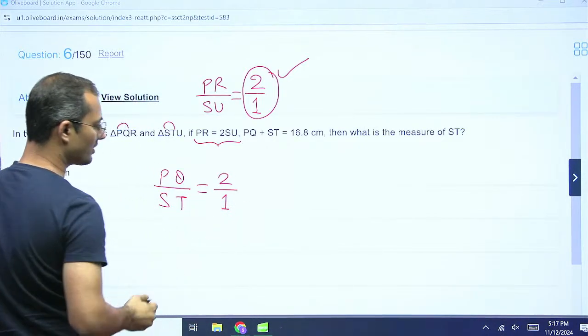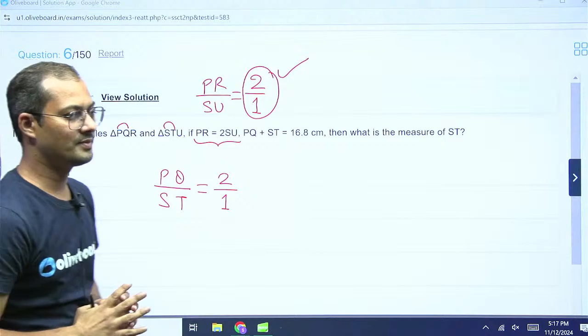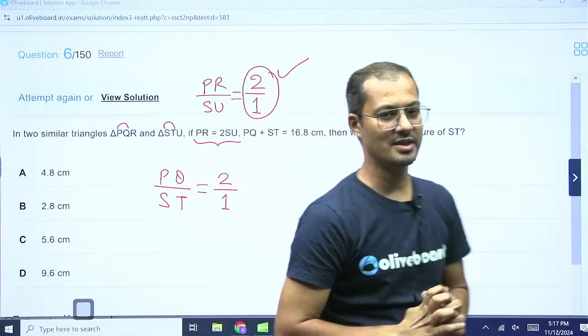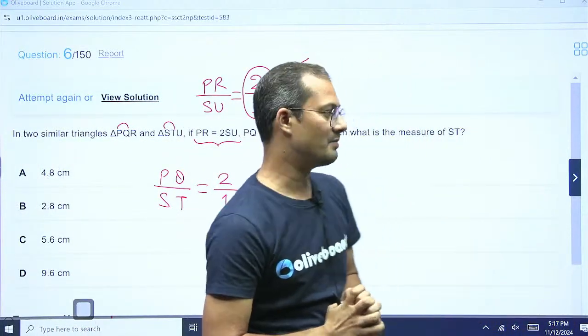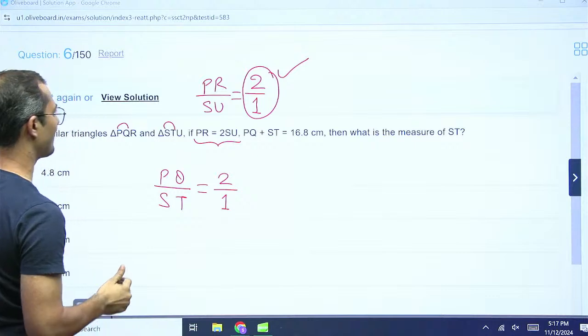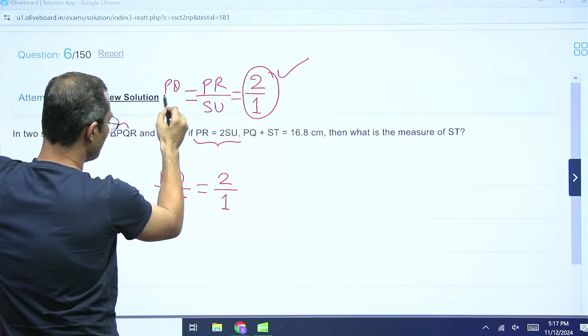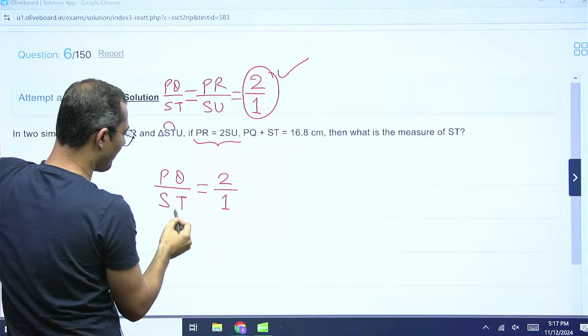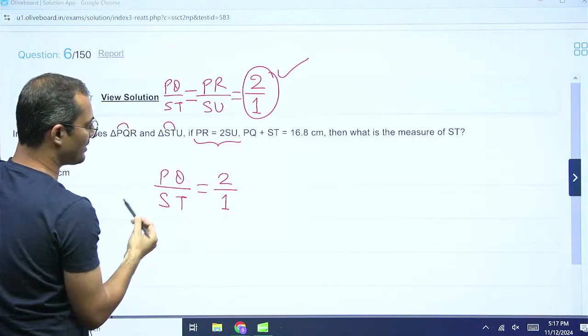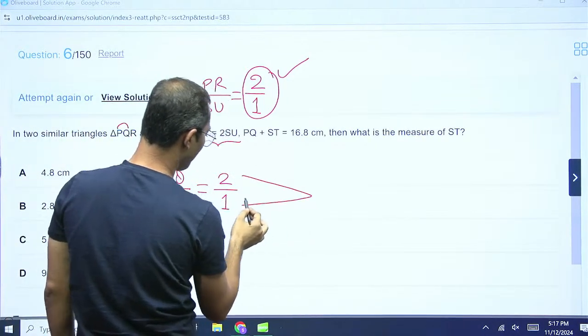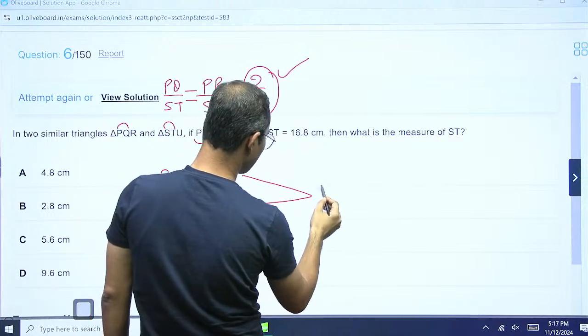We know that the ratio of the corresponding sides is always equal in case of similarity. So PR upon SU must be equal to PQ upon ST. And we know that their sum, 2 plus 1, is 3 units.